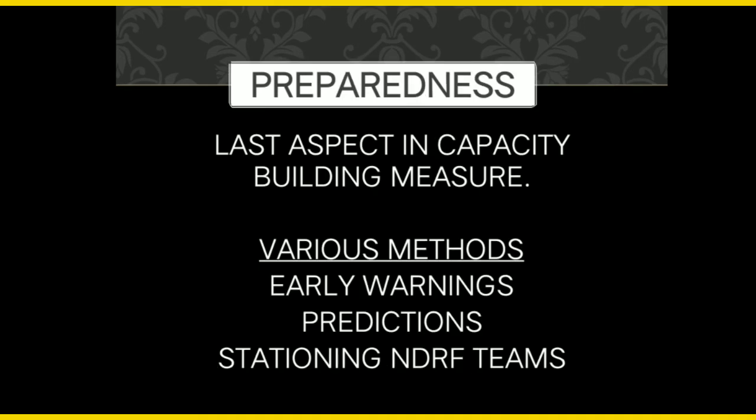The next is preparedness. Till now we have discussed mitigation and prevention, and now we are discussing preparedness. All these three things are part of capacity building management, and preparedness is the last aspect of it. Preparedness involves many methods, adopting many strategies.